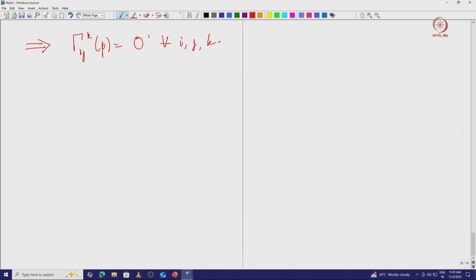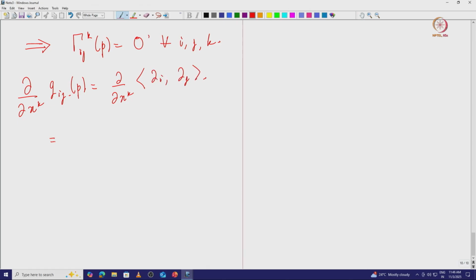Okay. So, finally, how do you conclude that the derivatives of the metric components are 0? That just comes from the following. So, if you take del by del x k of gij, then that is just del by del x k of the inner product of del i and del j, right.